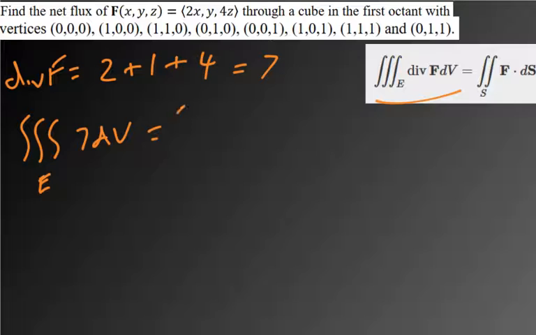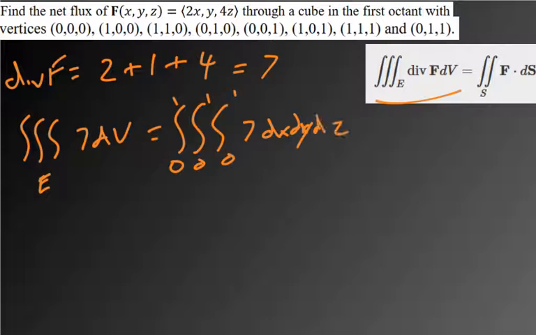And it's a cube, so you don't need to change coordinates or anything. You just do 0 to 1 for every single bound, dx, dy, dz. This is a super nice integral because the 7 is going to pull out, and you're just going to multiply it by 1. So you get 7. This problem is super, super fast with divergence.